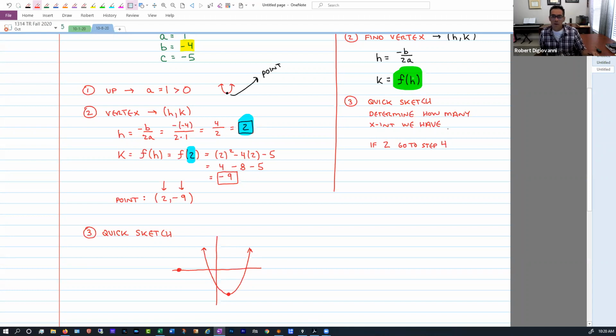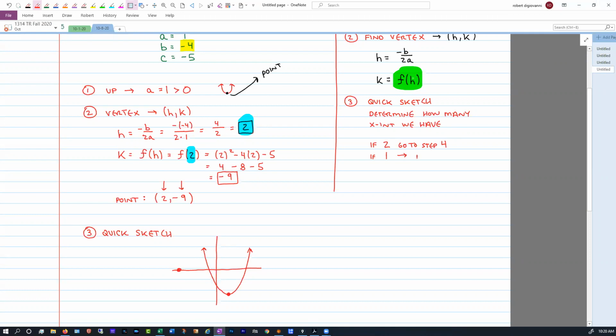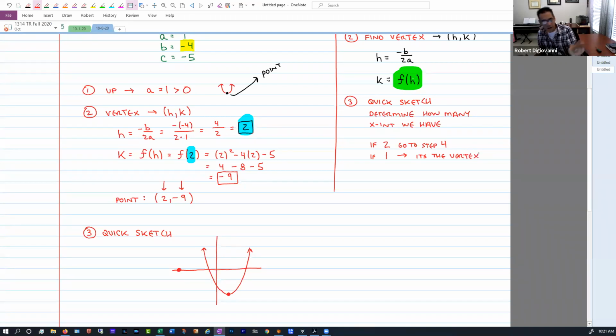If we have 1 X-intercept, then it has to be the vertex, so we have it already. And if we have none, let's not try to find X-intercepts that don't exist. So if we have 0, we go to step 5. If we have 1, it's the vertex, and then go to step 5.